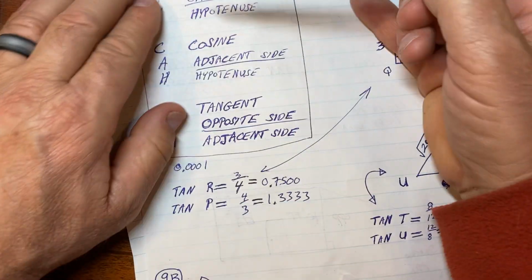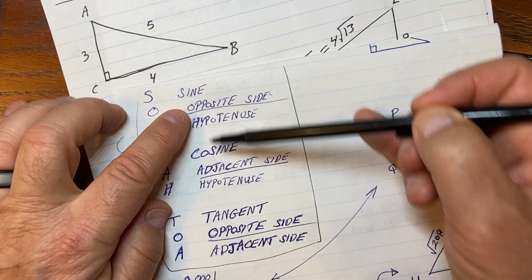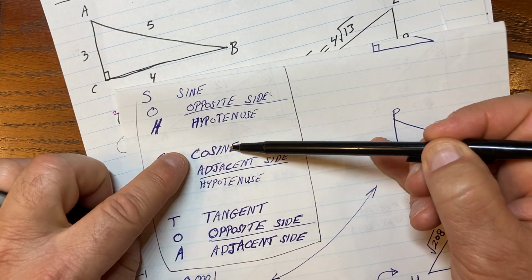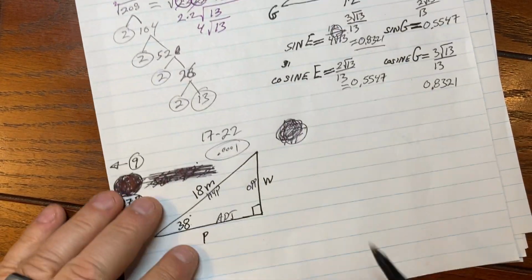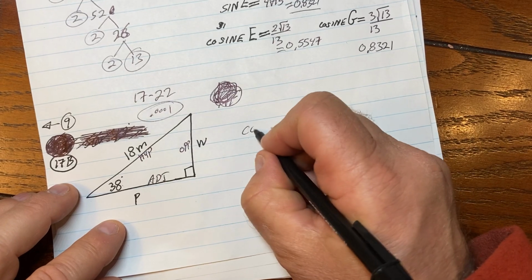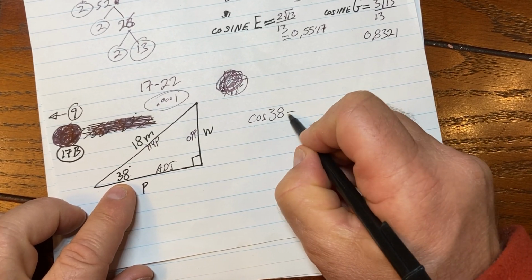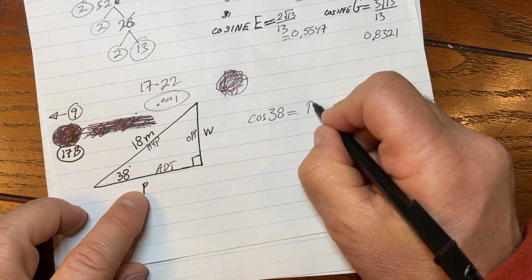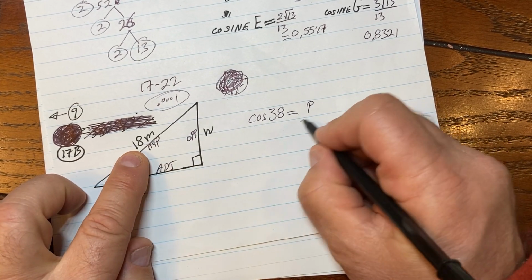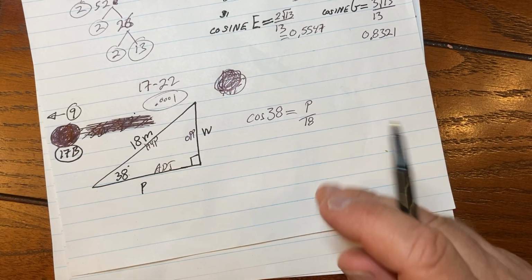Nope. Is this adjacent? Yes, it is. So we're using cosine. Cosine of that angle, 38 degrees, is equal to adjacent side divided by hypotenuse.